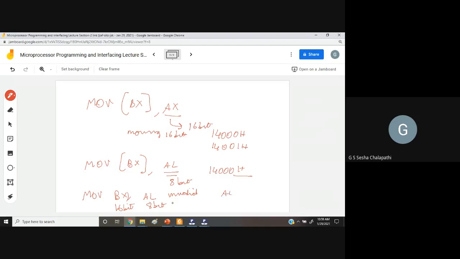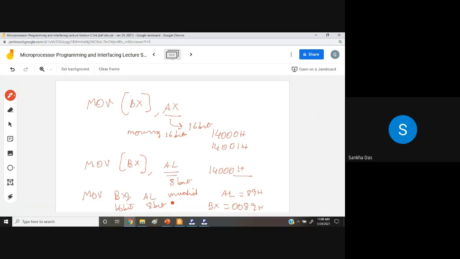So AL, for example, was 89H. Then BX will now become 0089H. The compilers will do it. However, it is not a valid instruction.